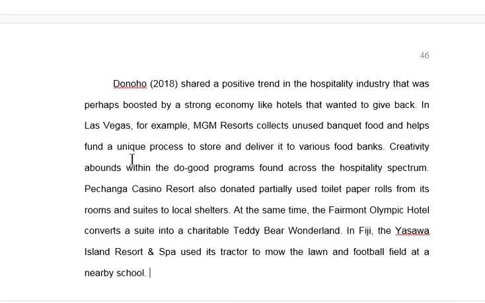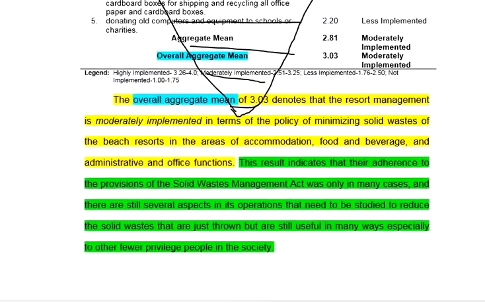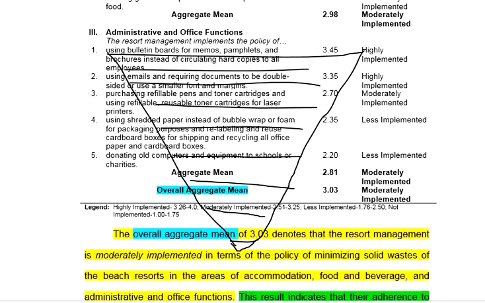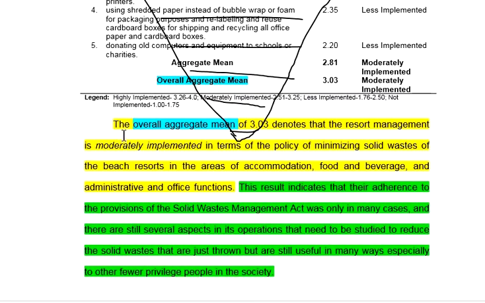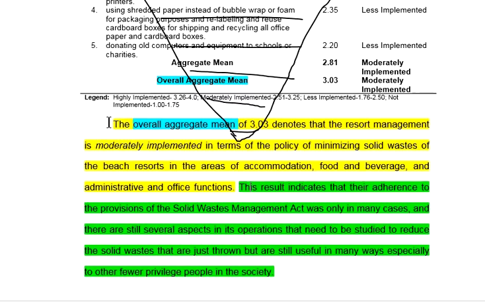So again, for a review, after you have presented the data in table form, you present the data again using a paragraph form, this yellow highlighted one. Then after presenting the data in paragraph form, you will discuss it in your own words, this green highlighted one.